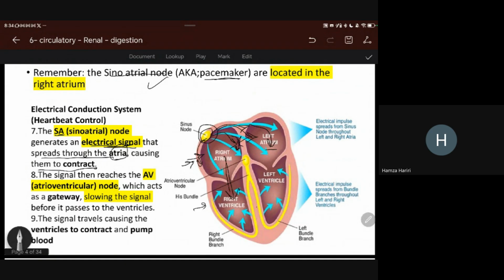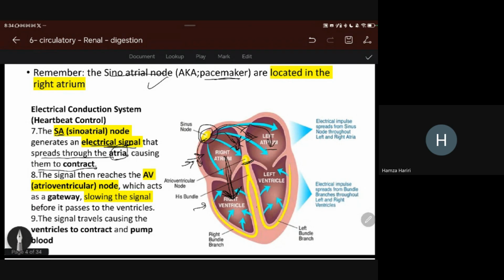Okay, so after they contract, the blood flows into the ventricles. And by the time the blood has filled the ventricles, which is the time the atrioventricular node takes, it slows down the shock that was sent from the sinoatrial node into the ventricles.